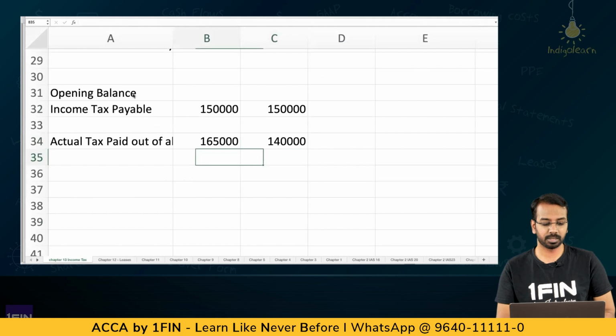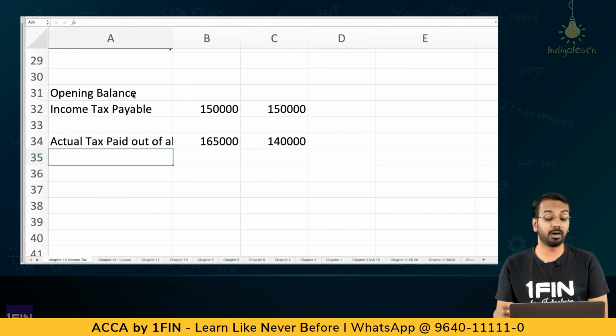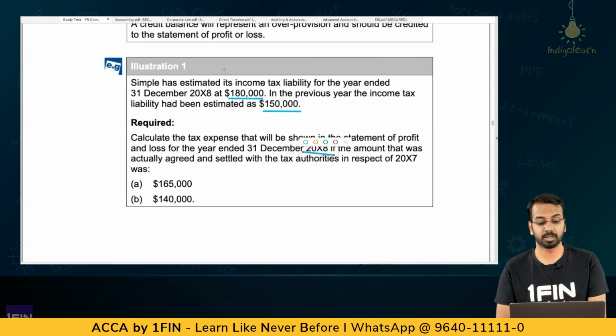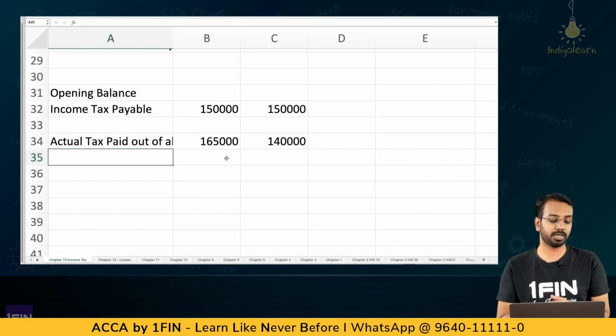Now when I had provided for 150 earlier, but now actually I have to pay 165, is this an under provision or is this an over provision? Under provision, right. Why? Because we have now actually paid a higher amount. In the second case, it is an over provision, right? So there are two scenarios that we have seen here, under provision and over provision.